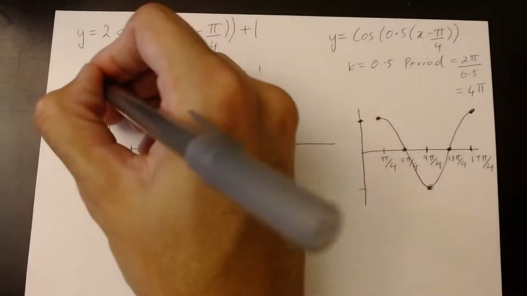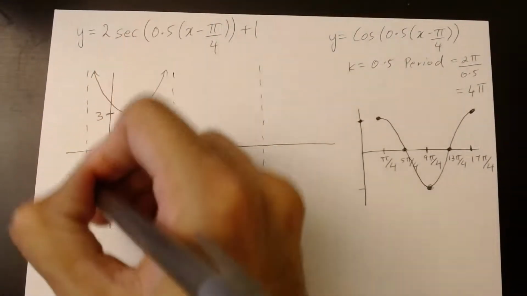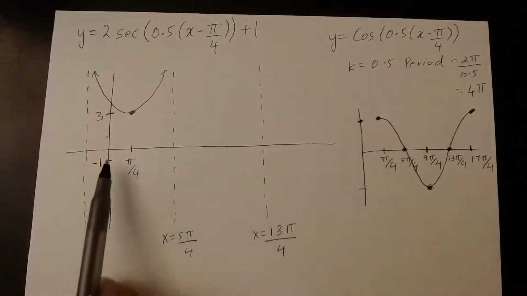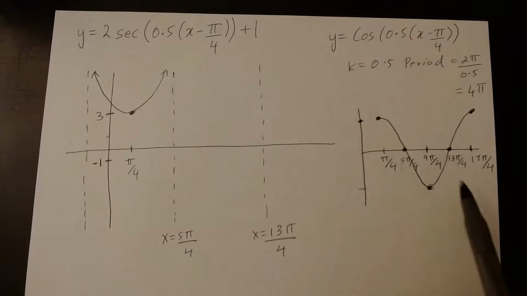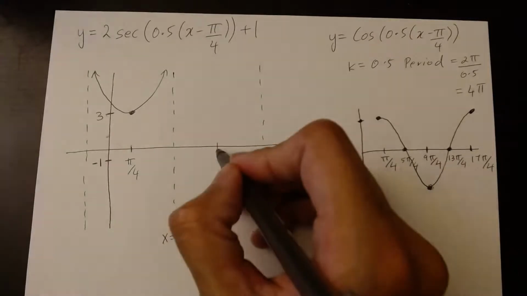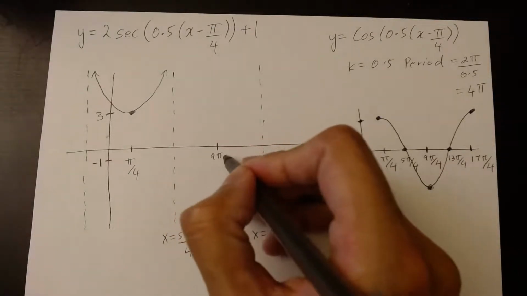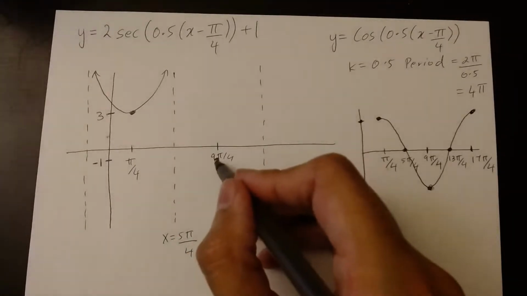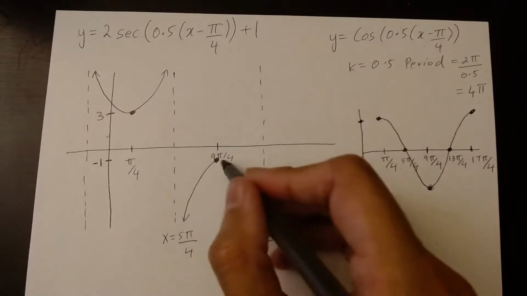It's going to be another asymptote here, which we can find as well. And I'll show that in a bit. And then over here, I have my minimum at 9 pi over 4. So at 9 pi over 4, I have my maximum. It's basically going to look like this.